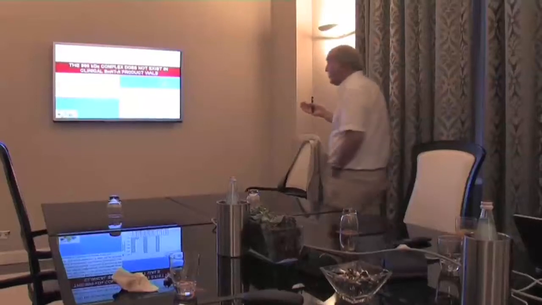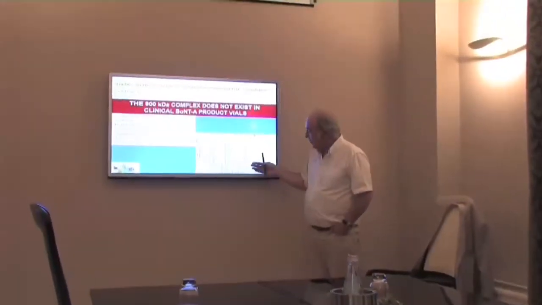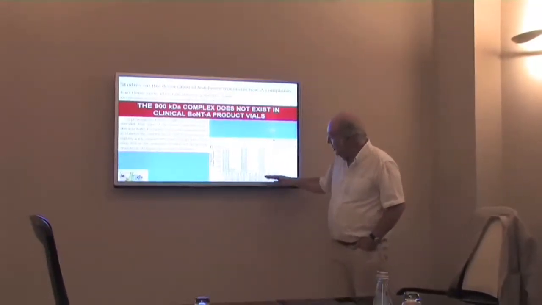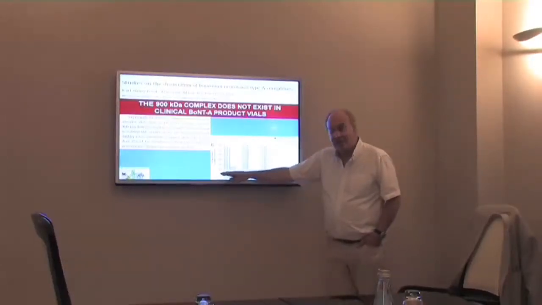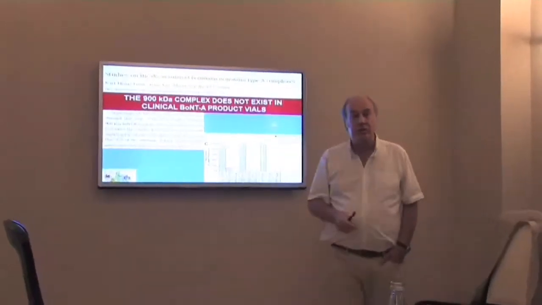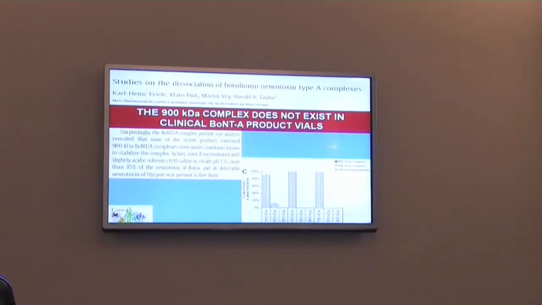And here are the data for the vial. This is what goes on in the vial. Here's the free toxin in the different products. The products are here. This is Xeomin, this is Dysport, and this is Botox. It's dropped off the bottom, I'm sorry. But it's all free neurotoxin in the vial. So instead of it happening in the muscle, it happens in the vial.